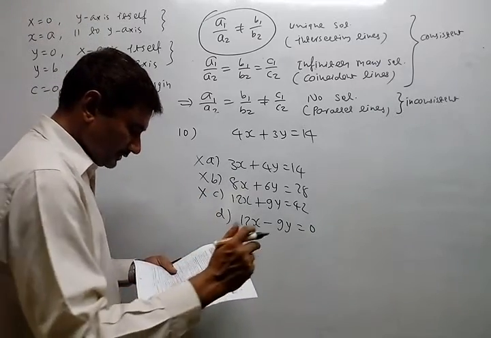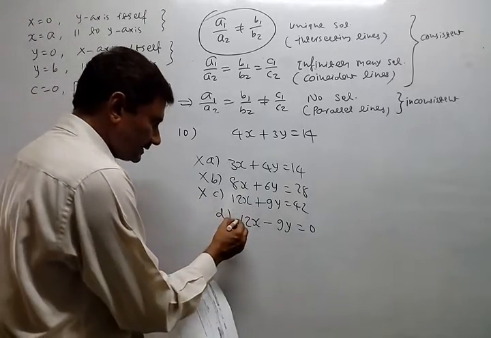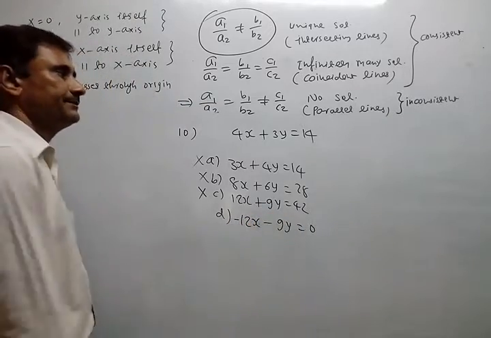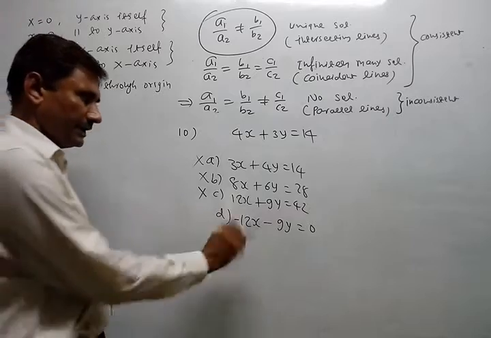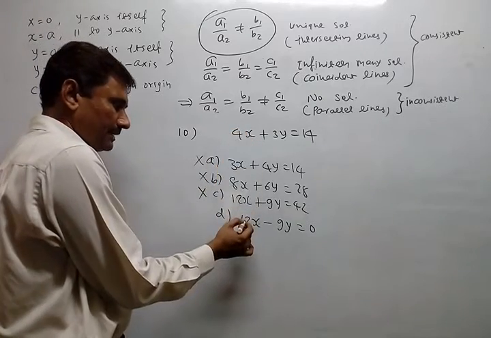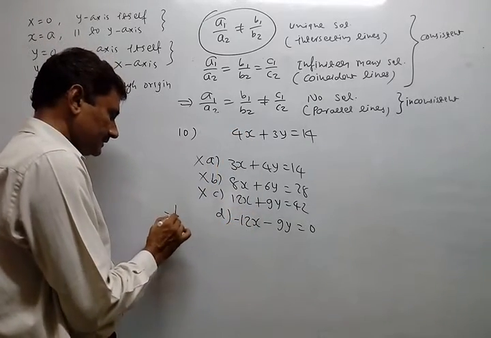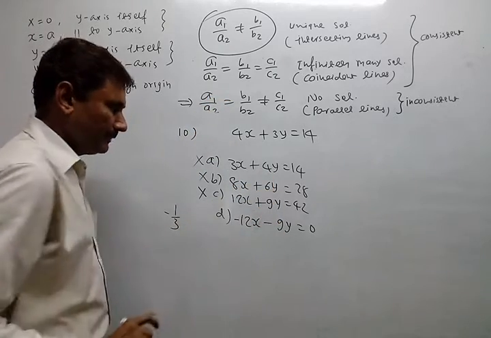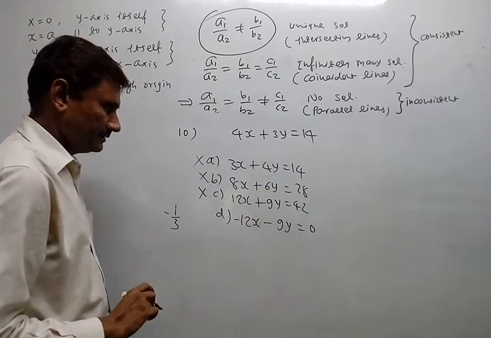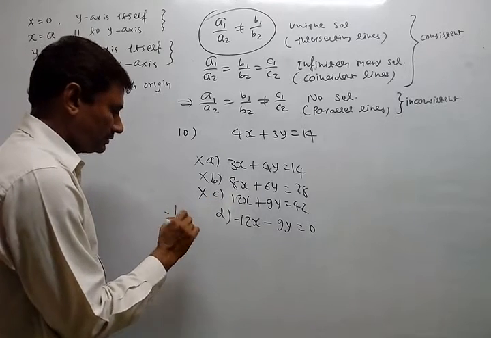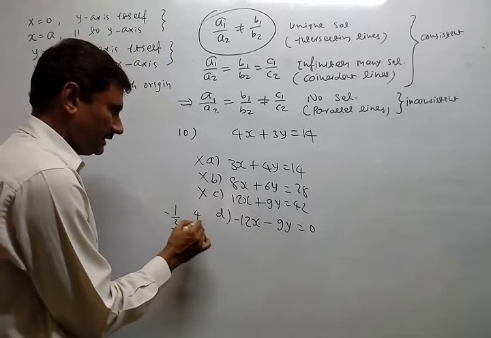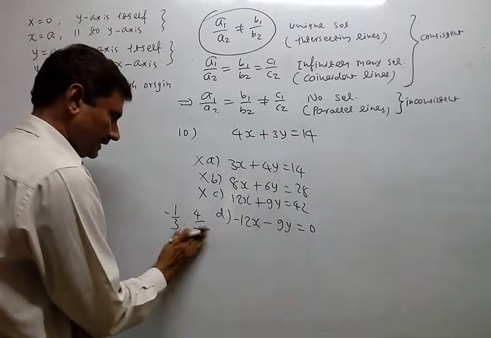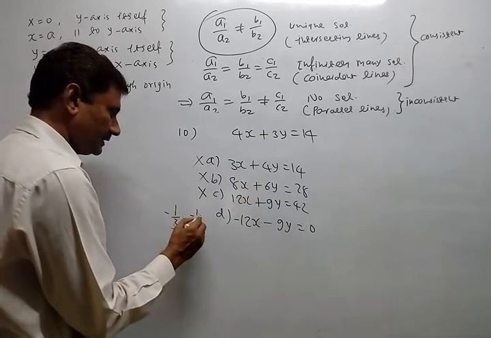And here it is actually minus 12x. This is minus 12x, just look carefully. And I shifted minus 9 by here. Okay, so look at 4 by minus 12. So it is minus 1 by 3. 3 by minus 9 is also minus 1 by 3.